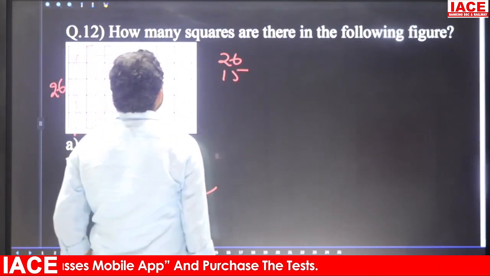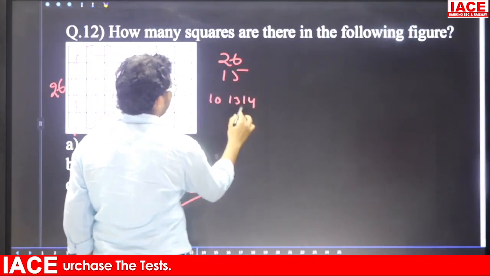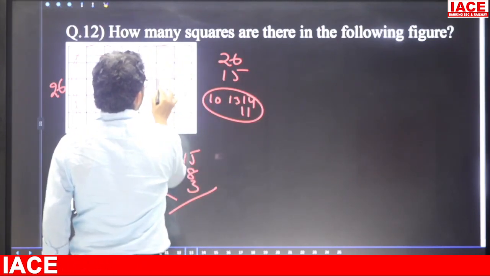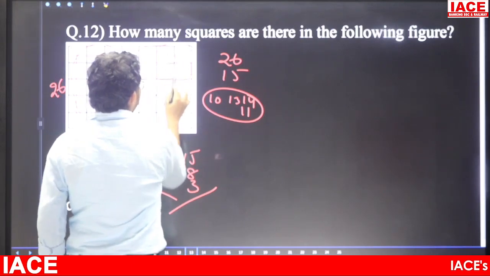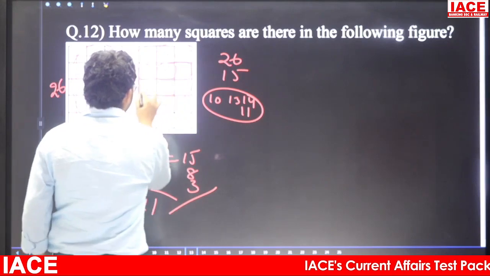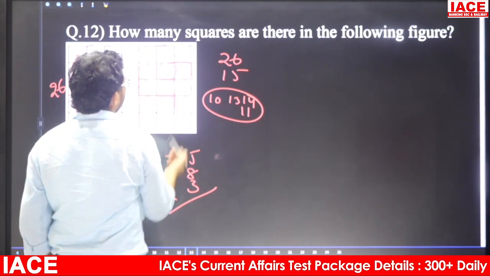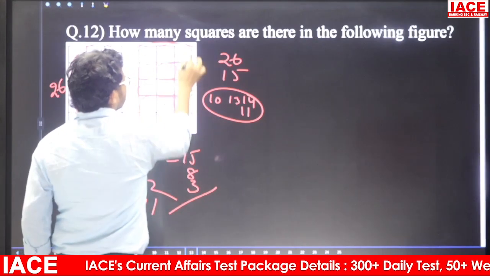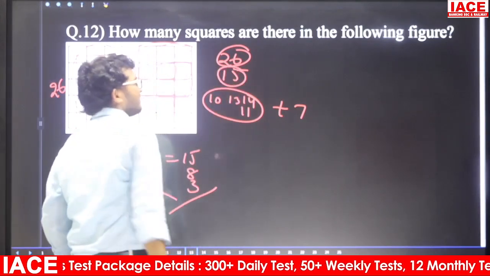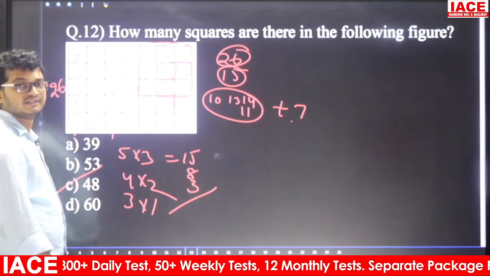Next, friends, observe this one is 1 square, this one also 1 square, 2, this one 3, this one 4, this one 5, now this one 6, next this entire one is 1, that means we get 7 extra. Now 26 plus 15 is 41, plus 7, the answer is 48. Answer is option C.